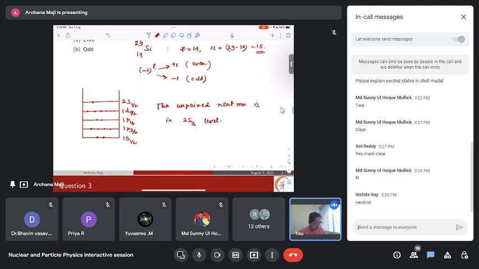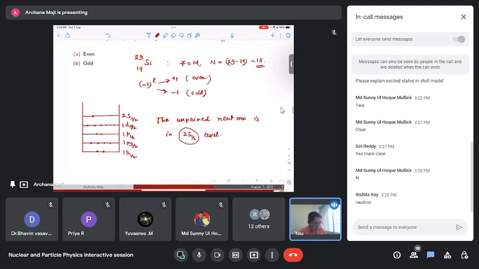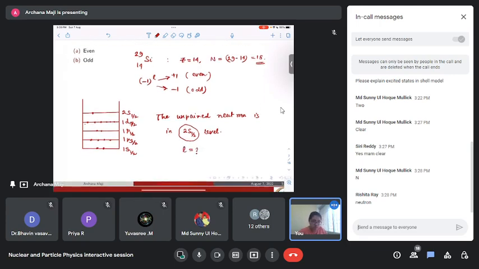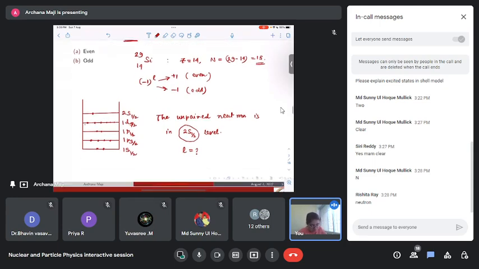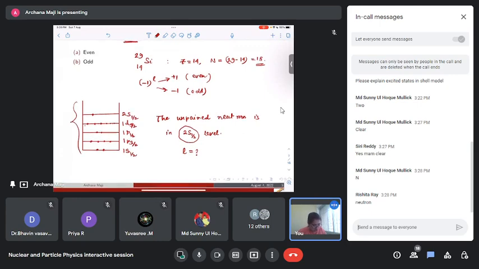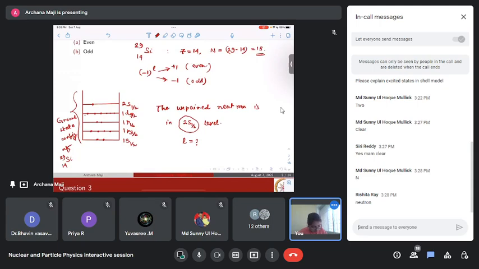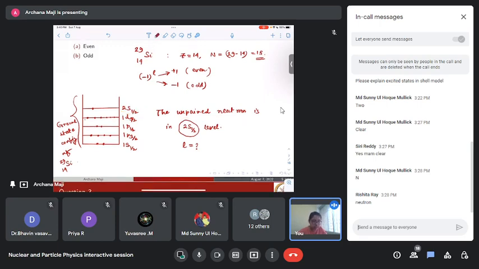So what does it mean? Looking at this expression, what can you say about the angular momentum quantum number? What is L? You need L in order to answer the parity of the ground state. This is again the ground state configuration, silicon 29, 14, and the unpaired neutron is in this level. So what is L for the unpaired neutron?